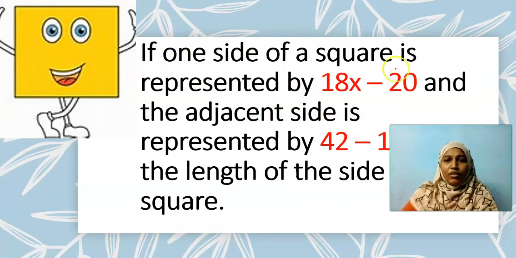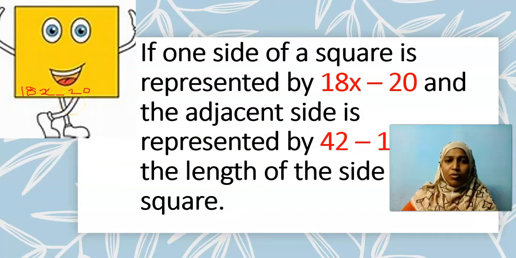If one side of a square is represented by 18x minus 20, and the adjacent side is represented by another expression.